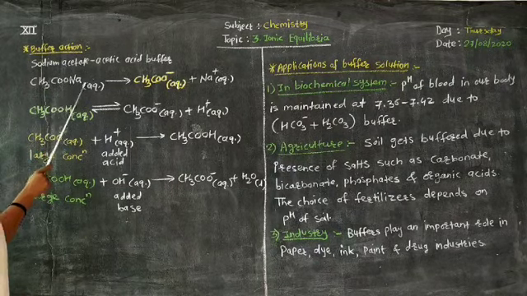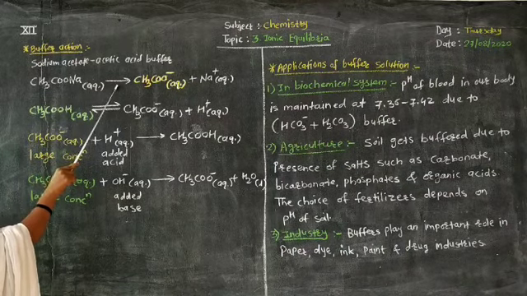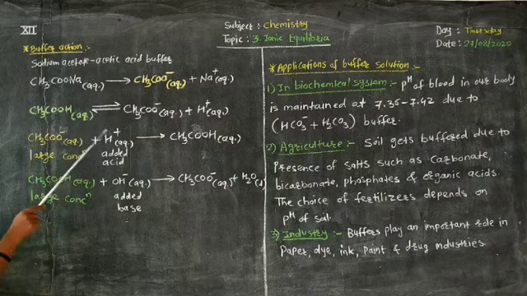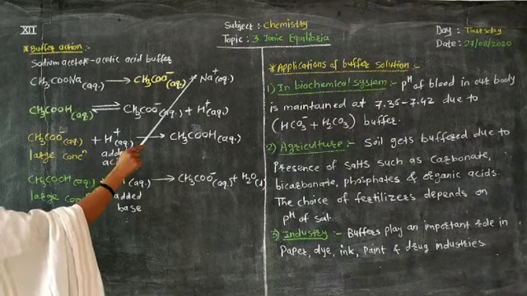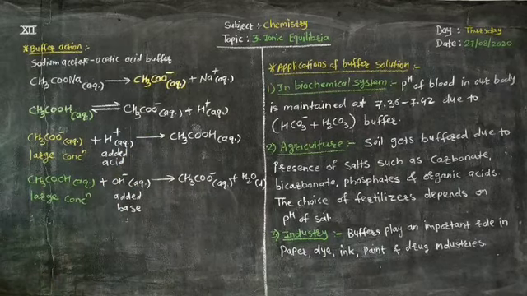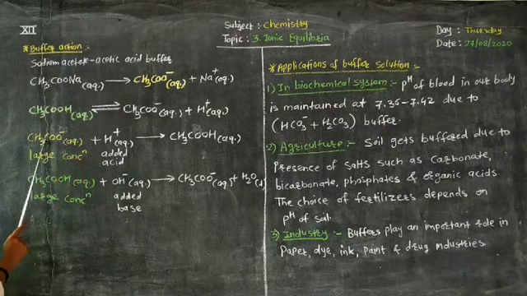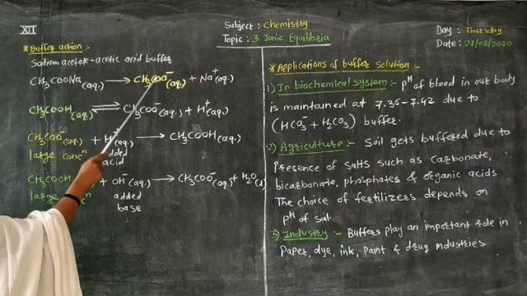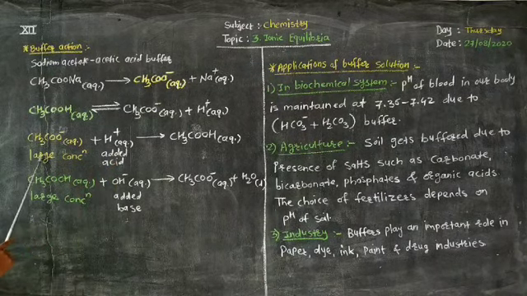This compound is a strong electrolyte, therefore it dissociates 100%, hence shown by a single arrow, in the form of CH3COO minus aqueous plus Na plus aqueous. This indicates that acetate ions are in large concentration, as sodium acetate is a strong electrolyte and dissociates 100%.